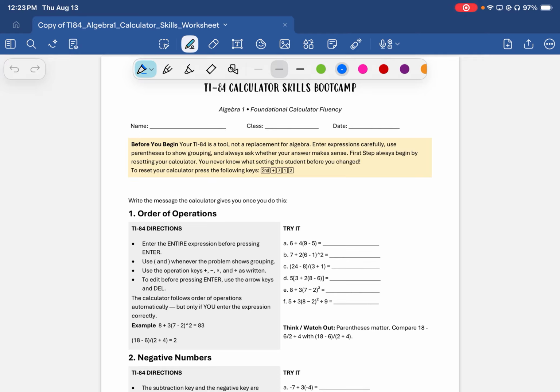We have exponents, square roots, absolute value, and finding factors. And then it also tells you your common error messages, right? And it gives you directions for all of them. And each of them have several little examples to the side. If you don't finish today, we will have a little bit of time tomorrow at the beginning of class to finish that. But get through as many as you can, okay?